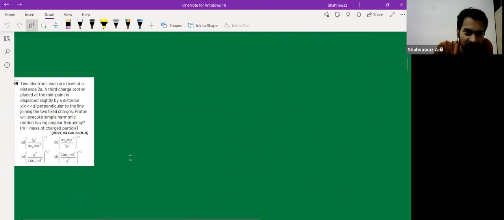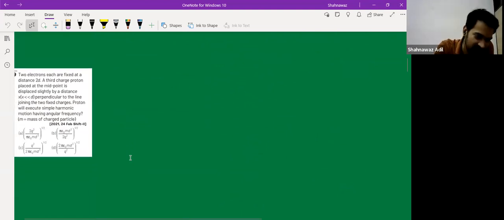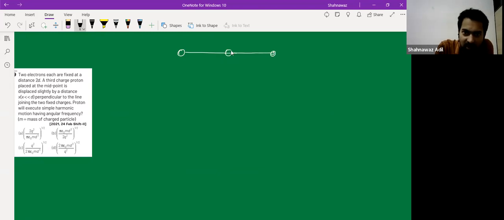Right, so in this question, what they do is that, in the previous question, what did we do? The charge was here and we displaced it in this direction, right? So the charge came here.